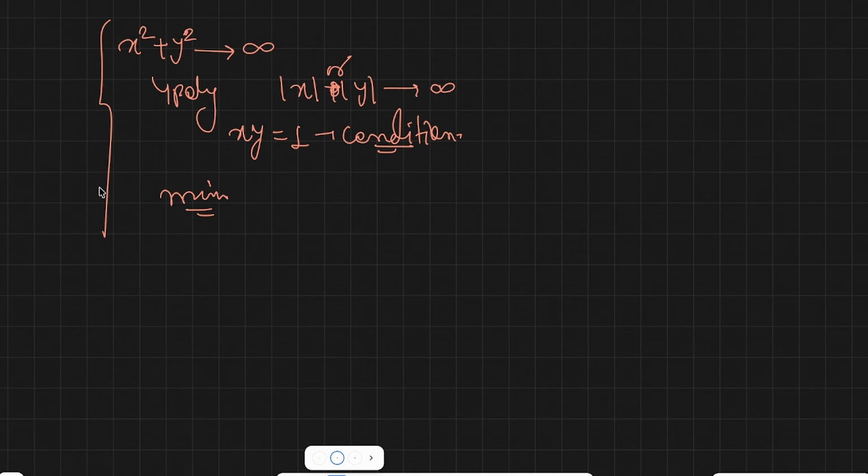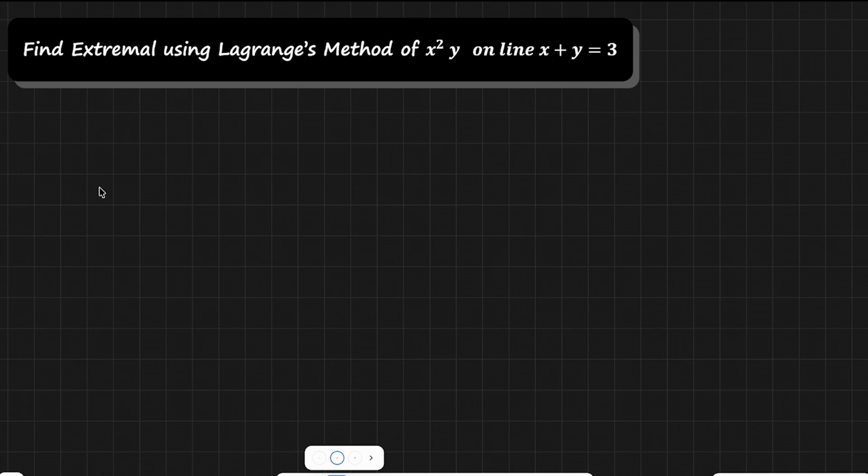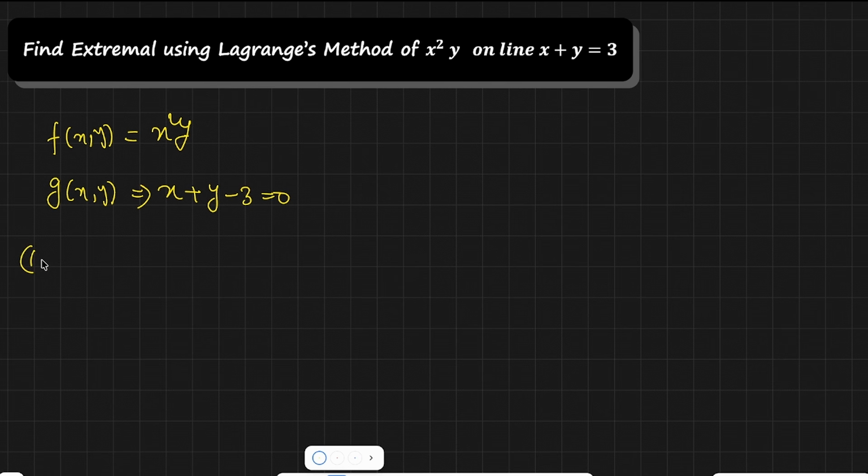Let's solve one more question so that it will be very easy to understand. Let's say I have a problem like this, f of x comma y is equal to x square y. The condition g of x comma y, I can write down as x plus y minus 3 is equal to 0. Then first of all you find the partial derivative of f with respect to x equal to lambda times the partial derivative of g with respect to x.